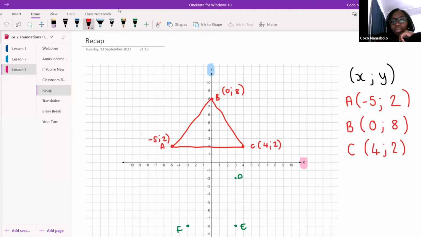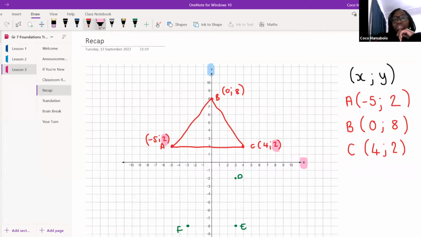Do we notice something about the Y coordinates of 2 of these? Does anybody remember anything about the Y coordinates? What do we notice about the Y coordinates for A and for C? Look at the Y number. They're both 2.